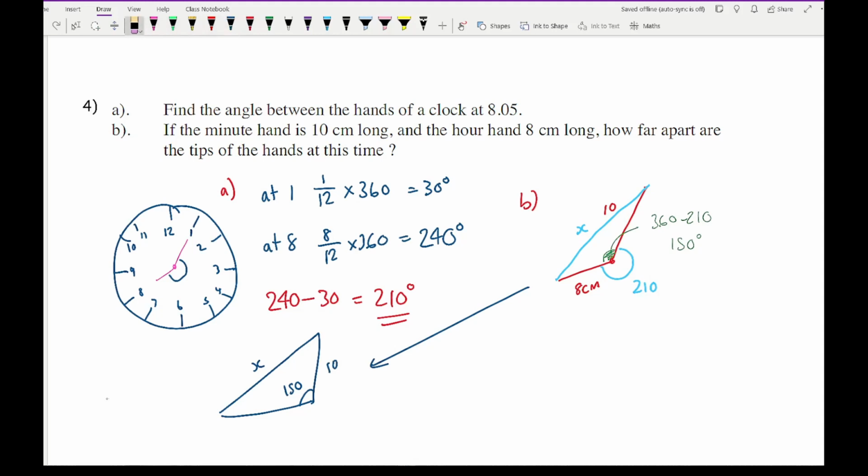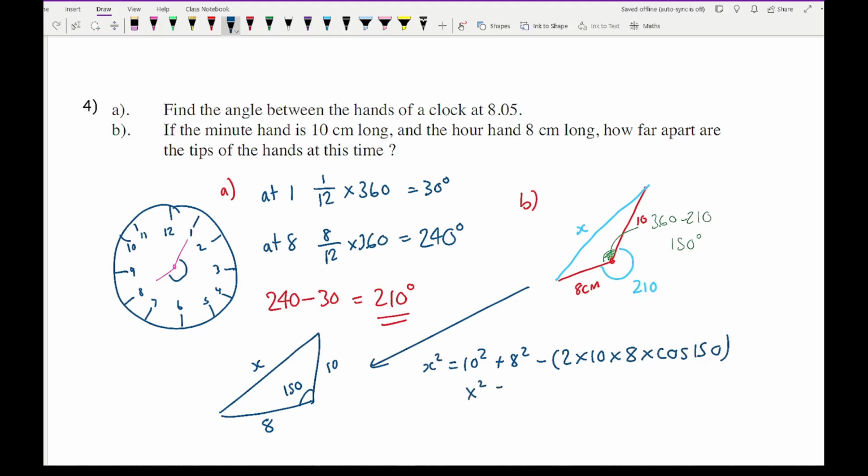Sorry if it has confused you. So this length here should be 10, and this length here is 8. So we're again going to use the cosine rule. So x squared equals 10 squared plus 8 squared minus 2 times 10 times 8 times cos 150.